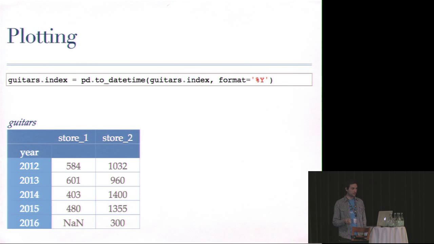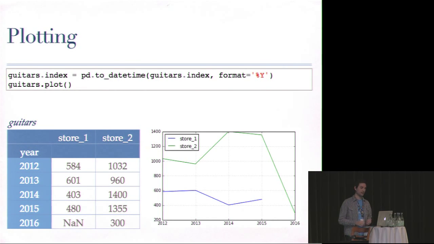So what I need to do is use the built-in to_datetime method in Pandas. I pass in the index of my data frame, and I specify the format that I want it to be displayed as. In this case, it's just a year with 4 digits. And if I do this and then say guitar plot, everything looks okay.